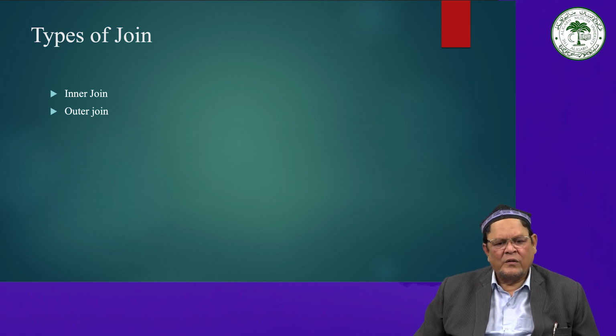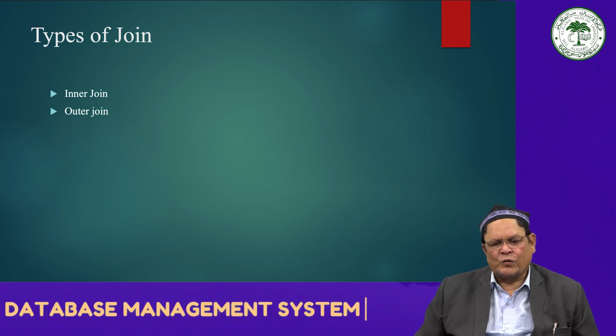Outer join. An outer join in a database management system is a type of join operation used to merge data from two tables based on a specified condition, while also including unmatched rows from one or both tables.